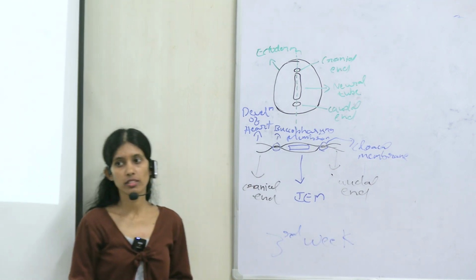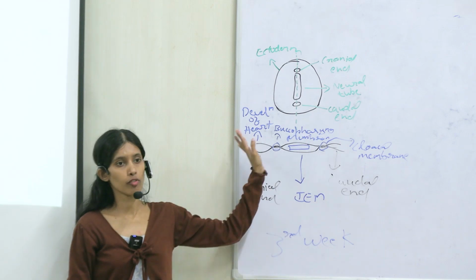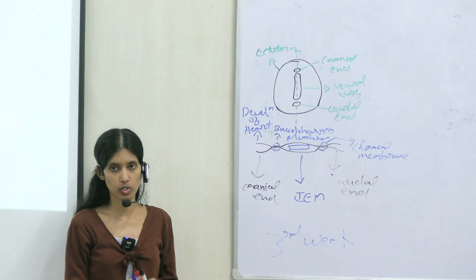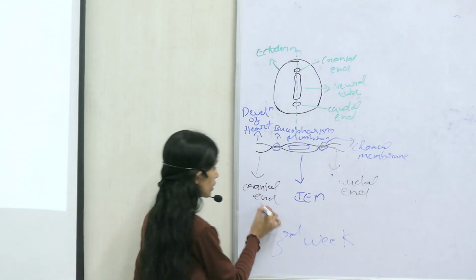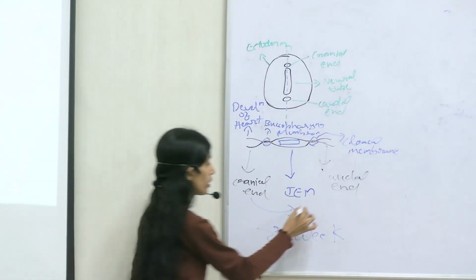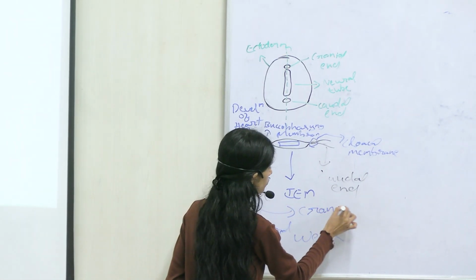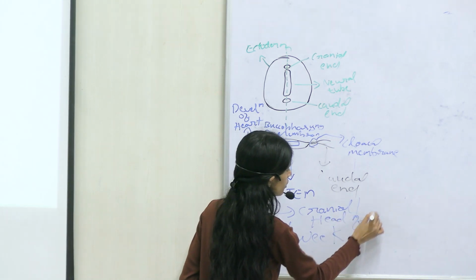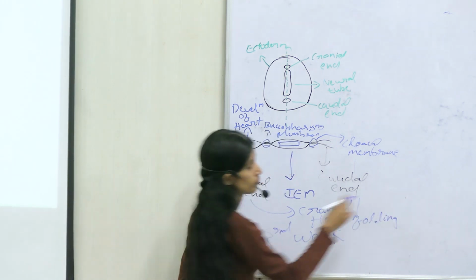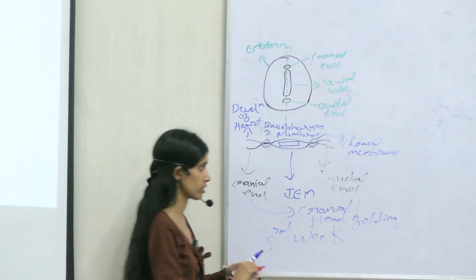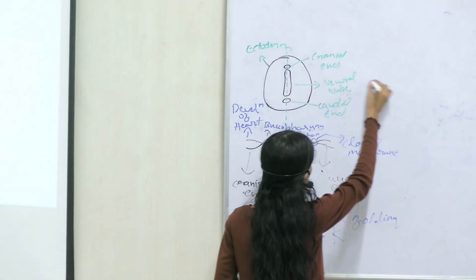Once the development of your heart starts, this structure will undergo a process called folding. In this class we are only concentrating on the cranial folding or head folding. Once the folding takes place, this is how the structure will look.